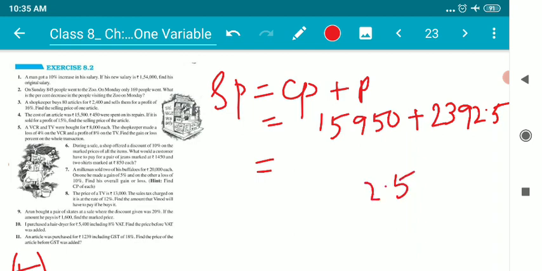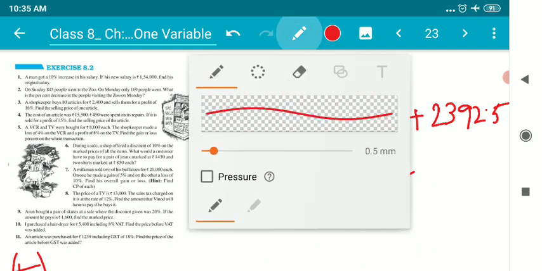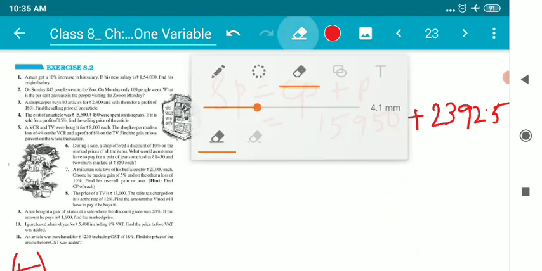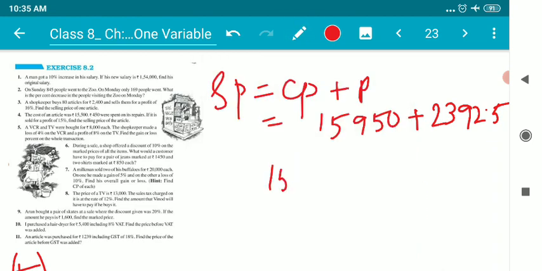We can simply add in this way, children, in order to avoid mistakes. 15950.0 and 2392.5.